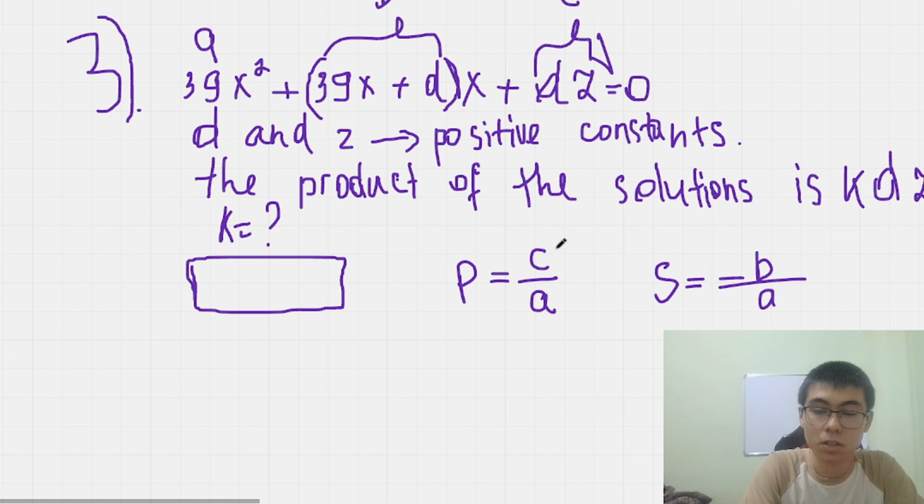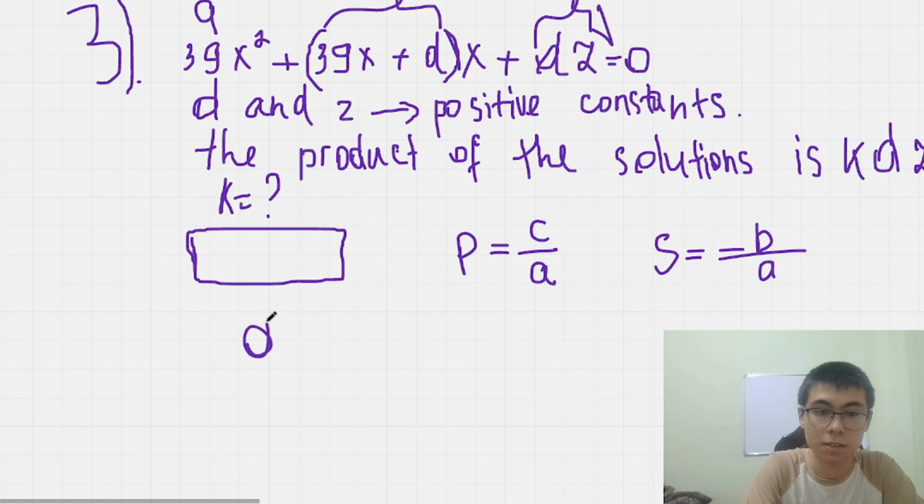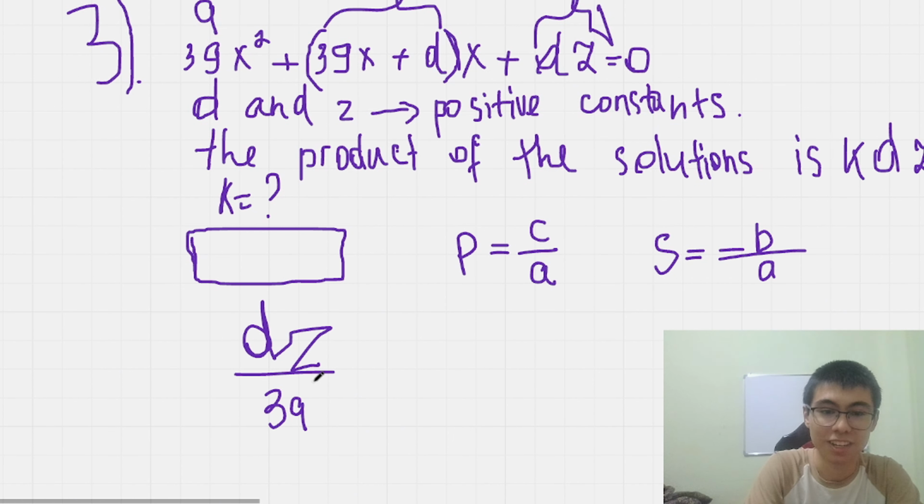Okay, so we are gonna do C divided by A, dz divided by 39. Oh no, we don't need x squared, by the way. Sorry. So 39. So this will equal k multiplied by d multiplied by z.